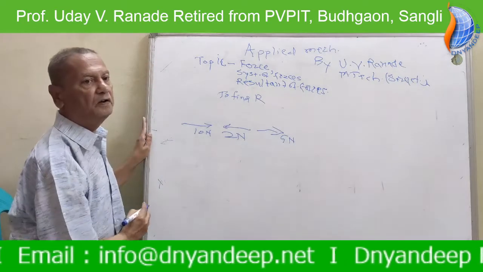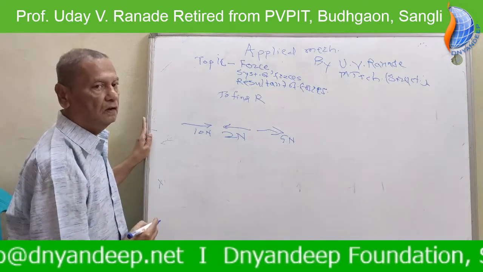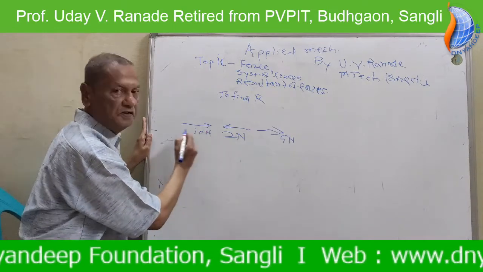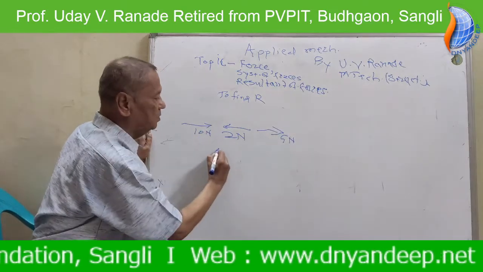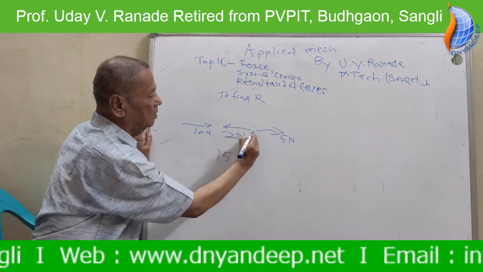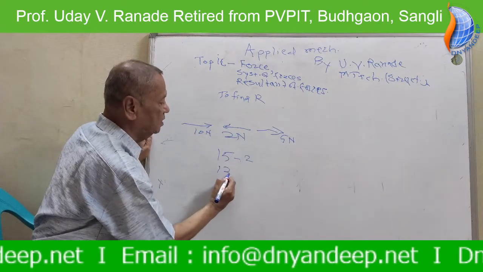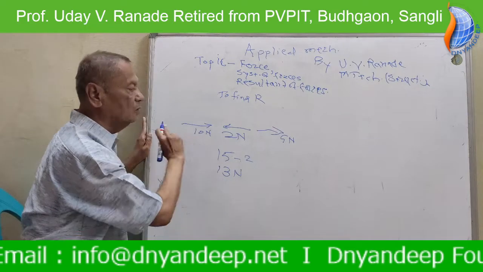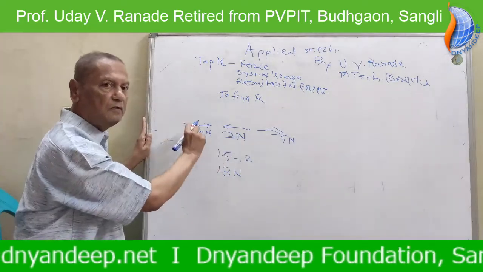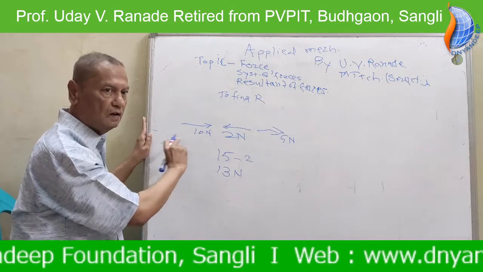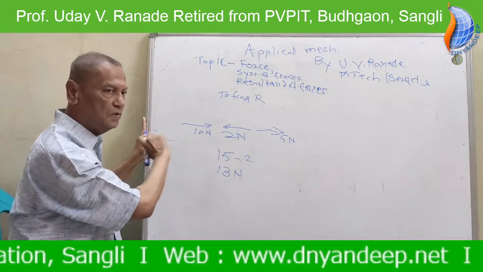Now I want the resultant. It is very easy. Resultant is 10 in this direction plus 5, 15. This is in the opposite direction, minus 2, so 13 Newton. Now it is acting on one same point, so no question of magnitude and location etc. are there, they are at the same point.